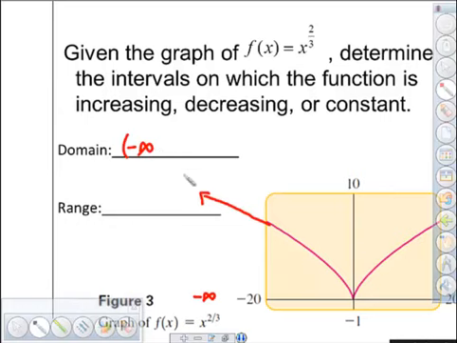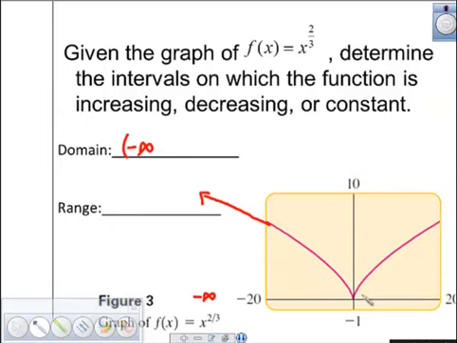So this is negative infinity. And over on this side, this is also continuing in this direction. So we say that the x values, or the width of this function, go from negative infinity to positive infinity. That's the domain. Another way of representing that is you could say all real numbers, or use this symbol that's like a funky looking R.